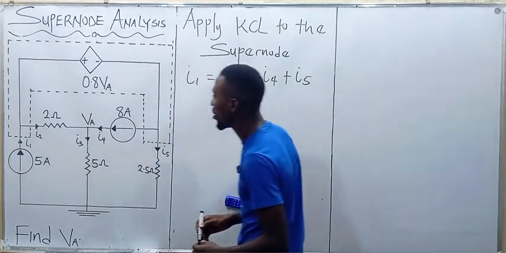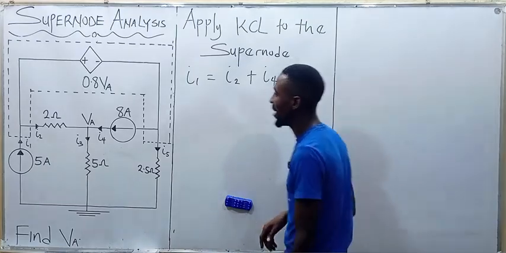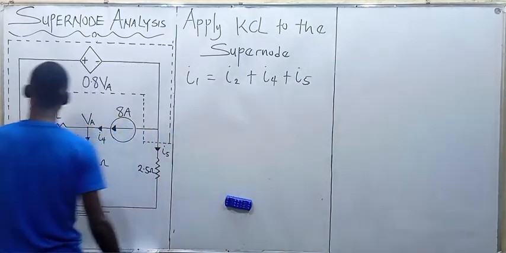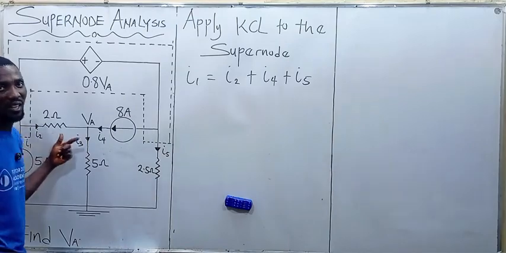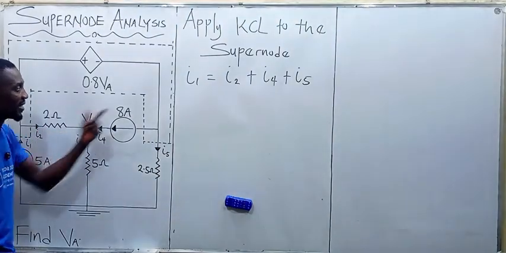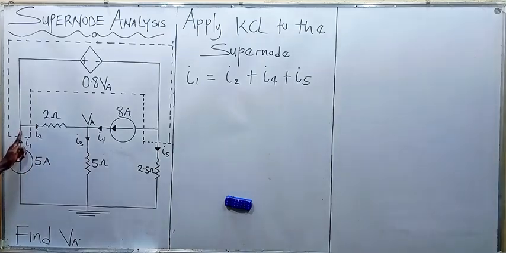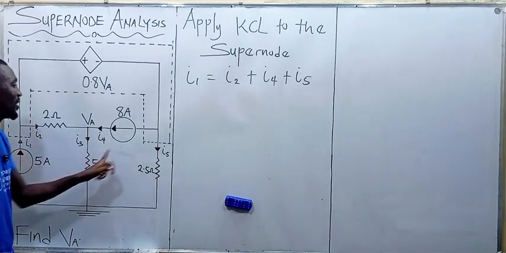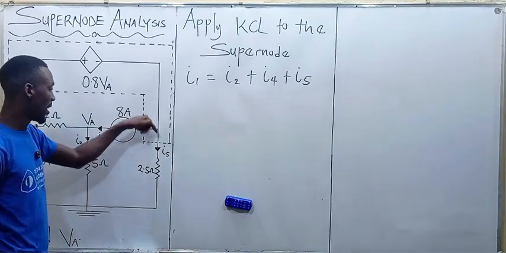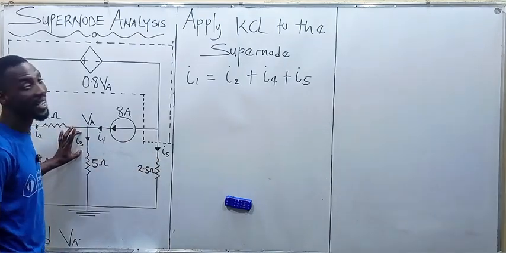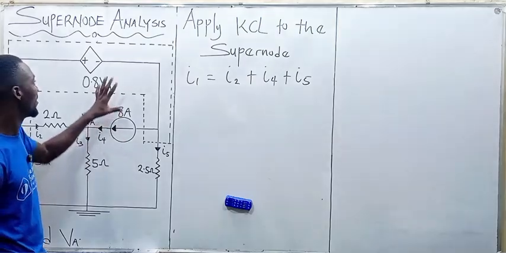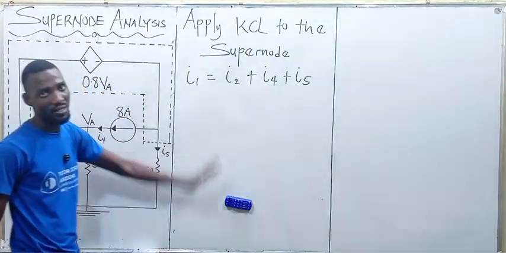So don't confuse yourself. And what about I2? Are we going to be treating I2 as well? Yes, look at it. I1 is entering, I2 is leaving, I4 is leaving, I5 is leaving. I3 has nothing to do with this supernode. I hope you understand.